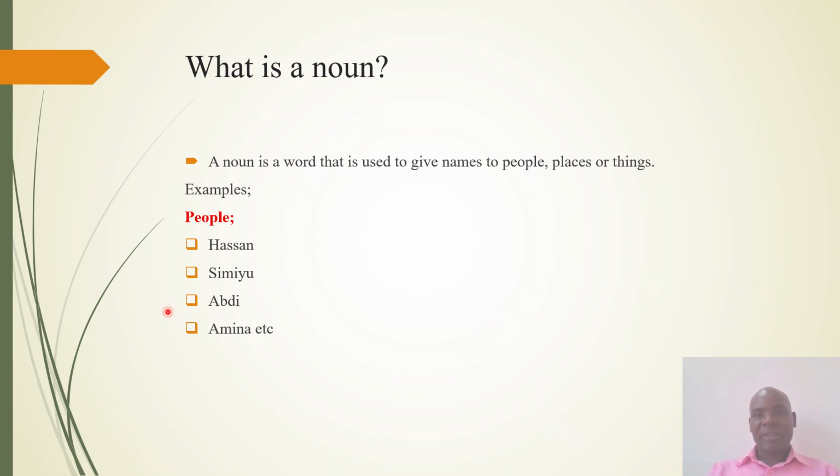These are nouns, names given to people. You can give your own names. You can cite as many names as possible. But know that the names that you are talking about, they are nouns. These are words that are used to give names to people.